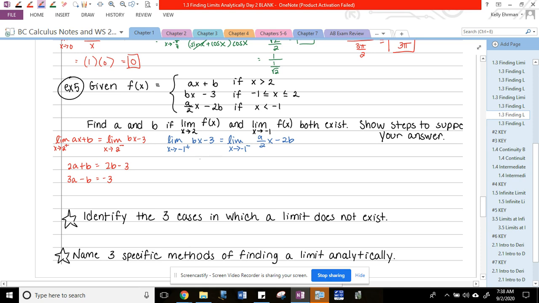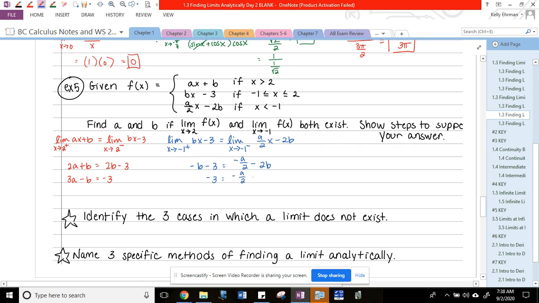Let's plug negative 1 in. So negative b minus 3 equals negative a over 2 minus 2b. I don't like having that negative a over 2, so I'm going to multiply everything by 2, but maybe I'll collect my b's first. So negative 3 equals negative a over 2.